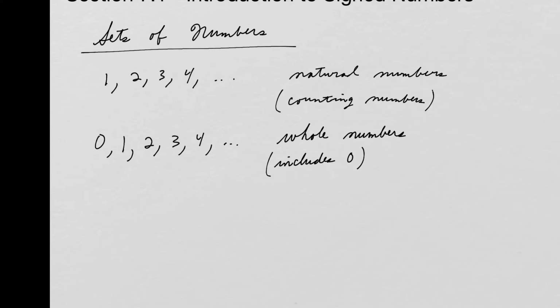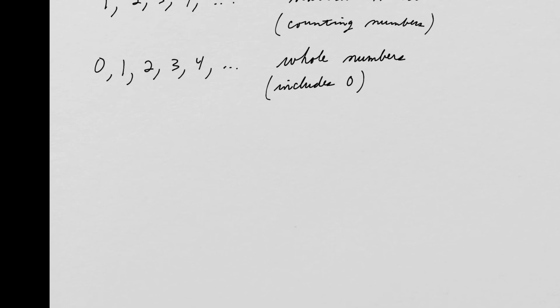Okay, then to get a little bit larger, we include all the whole numbers and then all the opposites of the natural numbers. So like -1, -2, -3, -4, ... and that goes to negative infinity. These are called the integers.